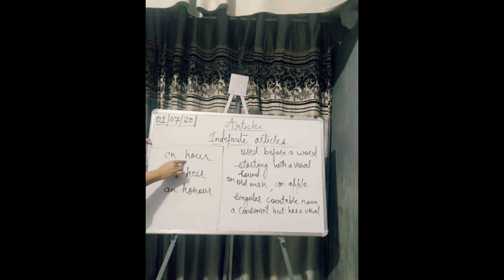Over here you can see I have written this word begins with H, but I have written an. I have not written a over here. Though it starts with H, here H is silent. Here also H is silent. And when we pronounce it, we have a vowel sound. So we write an hour, an heir, an honor. I hope these uses are clear to all of you.